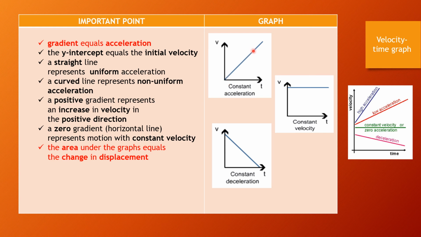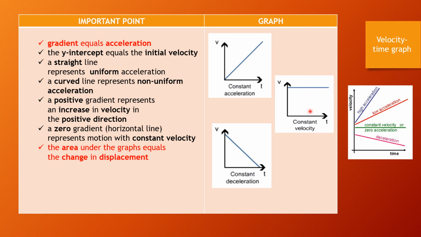A straight line represents uniform acceleration. A curved line represents non-uniform acceleration. This graph shows increasing speed. The moving object is accelerating. This graph shows decreasing speed. The moving object is decelerating.